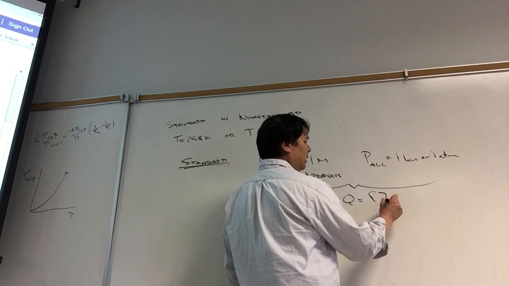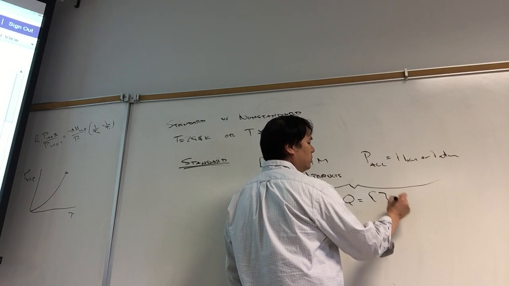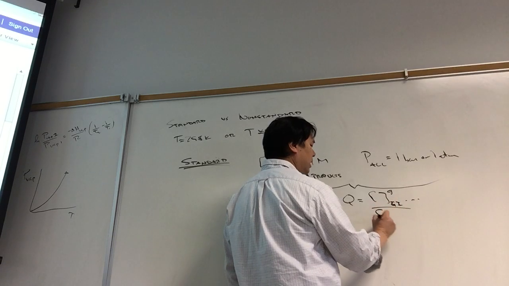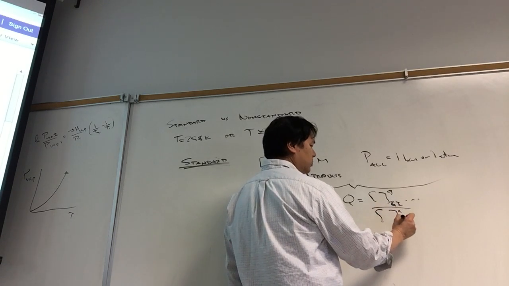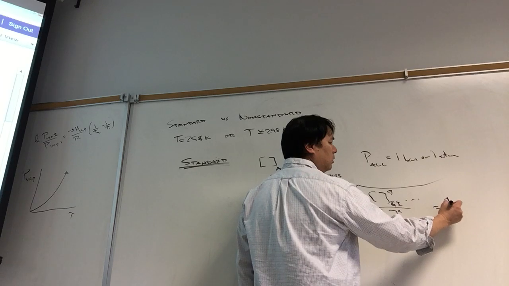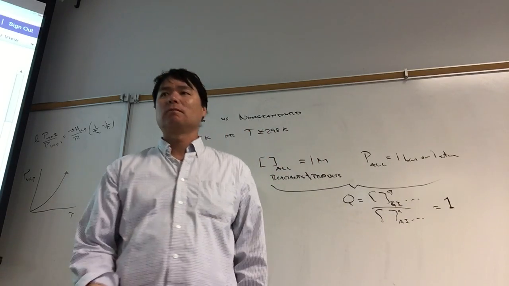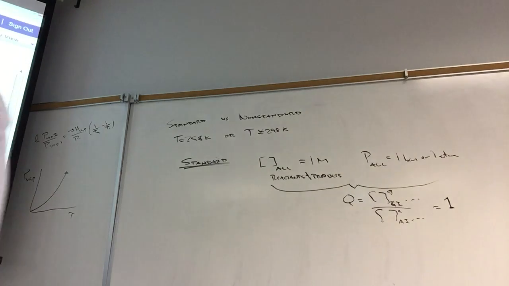Initial concentrations of the products over the reactants will always be equal to 1. So under standard conditions, our Q is going to be 1.